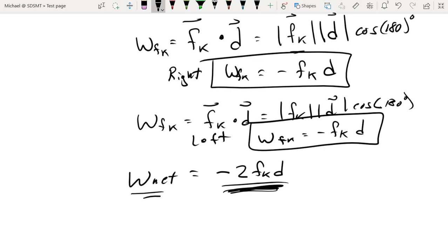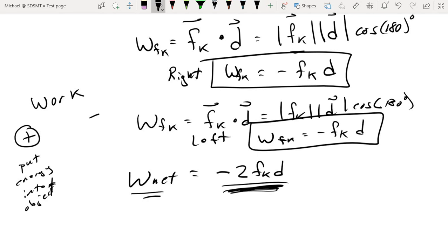If you remember in some of our past discussions, we said that it was possible to have positive or negative work done in a system. When you get positive work, what you're doing is you're putting energy into the object. So if you have a mass and you're doing positive work on that mass, you're putting more energy into that object.